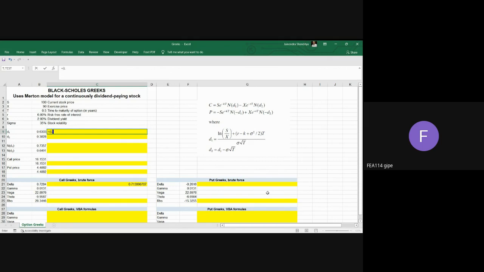So very quickly, I will calculate the stock upon X: log of stock upon X, plus R minus K, plus 0.5 into sigma square, which is this raised to power 2, into time, which is 0.5.